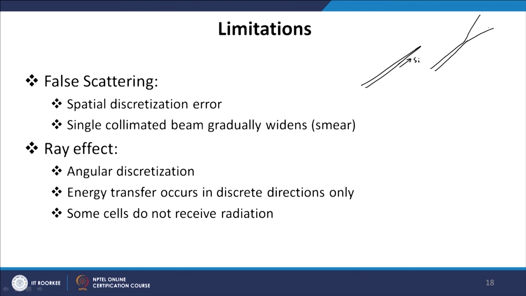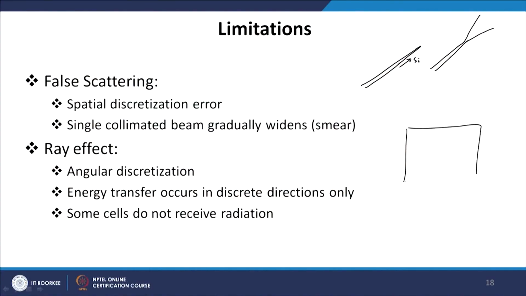The ray will widen, it will smear in angular direction. It will not be sharp. It will not be confined to a small solid angle, rather it will be smeared over a range of solid angles. So, this is called false scattering.